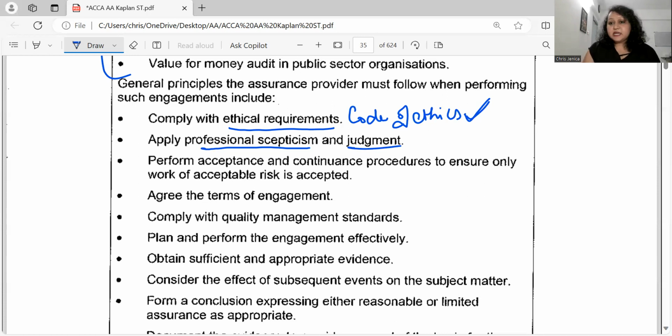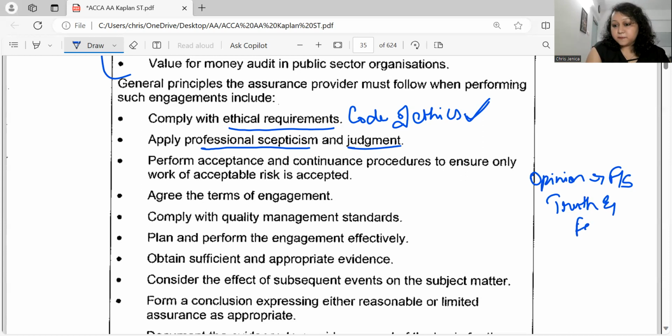Basically, as a part of audit, what are we going to do? We are going to provide an opinion on the financial statements, truth and fairness, right? By obtaining the audit evidence. Now, we are going to obtain the audit evidence.